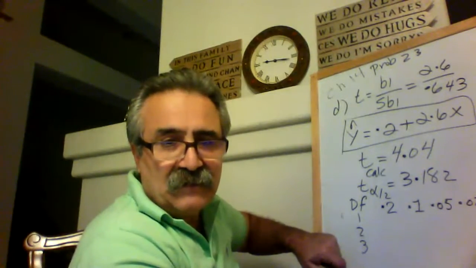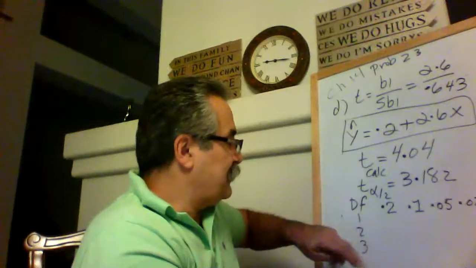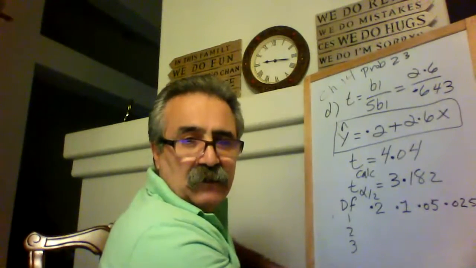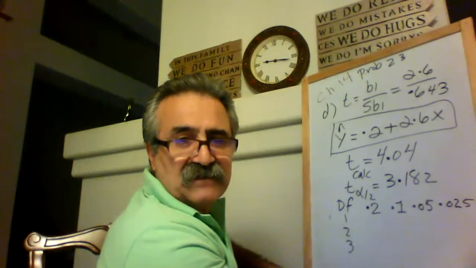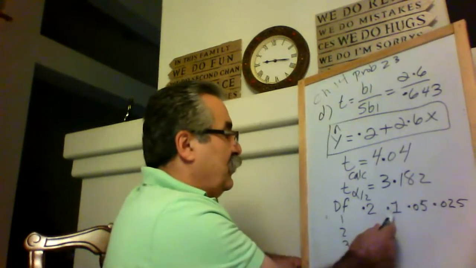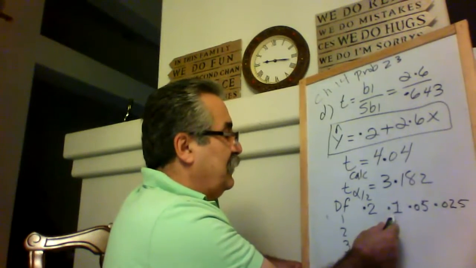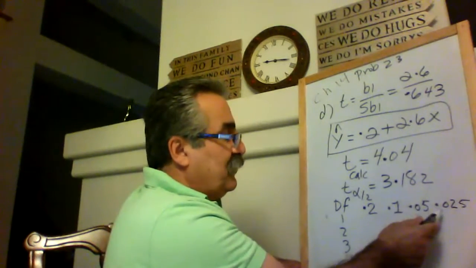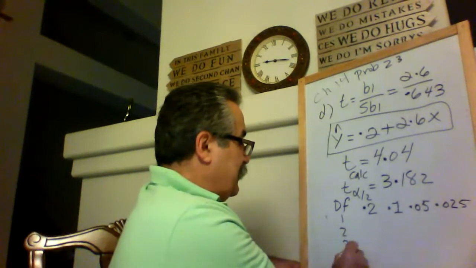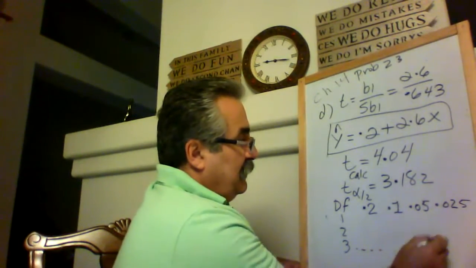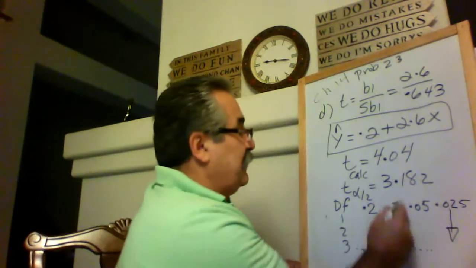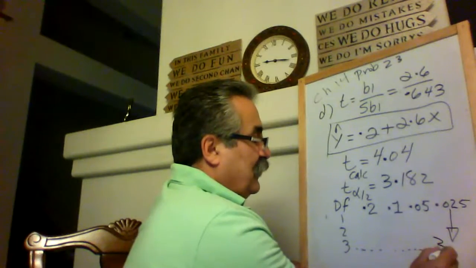I have to bring this in here so that you guys can see. 0.2, 0.1, 0.05, 0.025. And then across from here, under the column 0.025, it is 3.182.